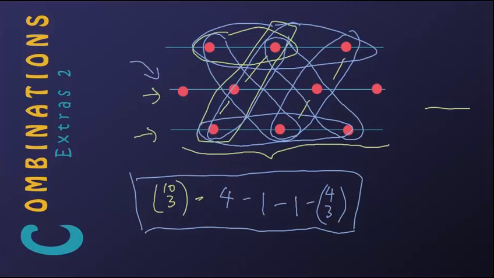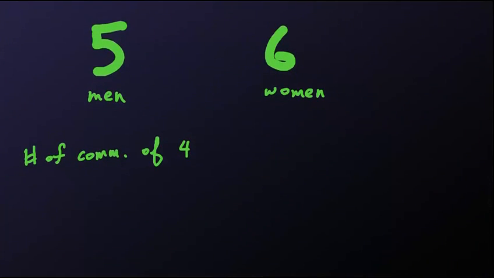Let's try another question. In a group, there are 5 men and 6 women. How many committees of 4 are there? One way to do this is to specify the cases for each committee of 4. Case 1 can be that there are 4 men and 0 women.